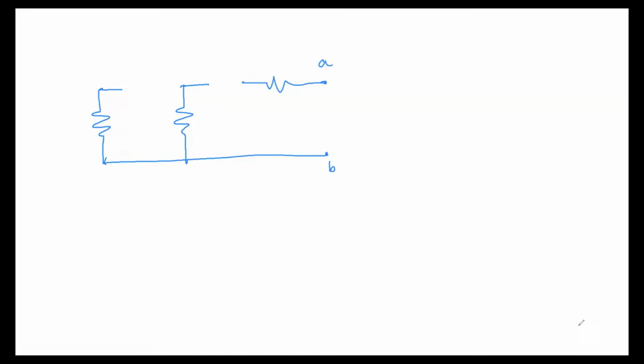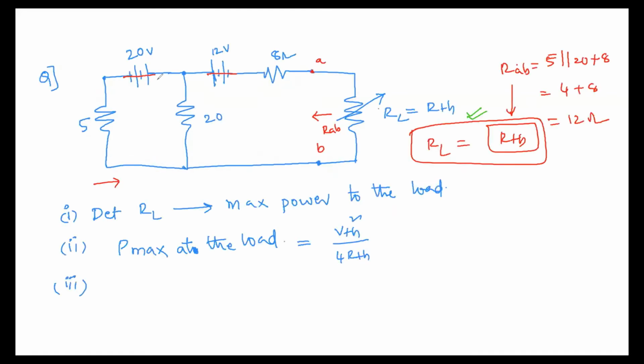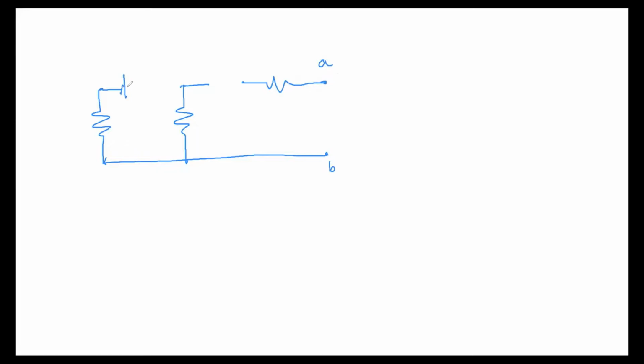So what are the voltage sources? One is negative positive and one positive negative.